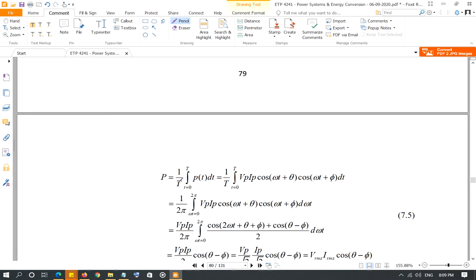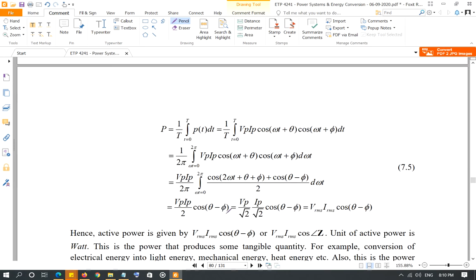Active power is calculated as 1 over the time period times the area under the curve over one time period of the instantaneous power signal. Once you expand it, you put in p(t), Vp, Ip, cosine of omega t plus theta, cosine of omega t plus phi, and then as I showed you earlier, we split the product of cosines into two functions using cosine of A plus B plus cosine of A minus B, divided by 2.